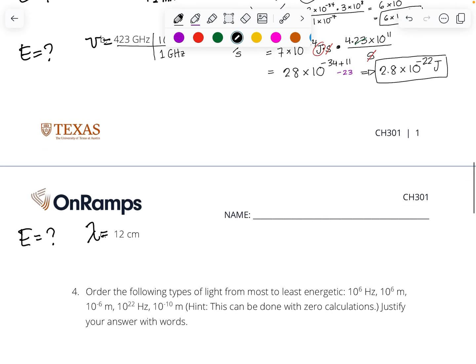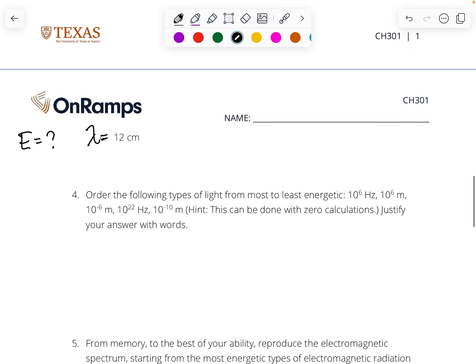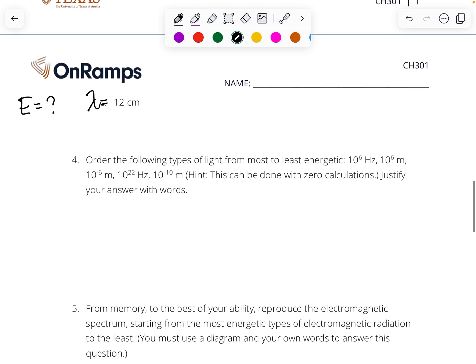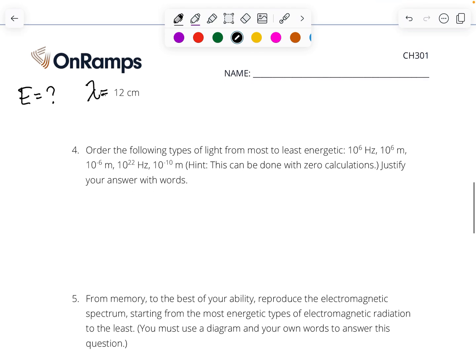The last one on this one, it's on the back of the page. We're back to wavelength, but we're not in meters, so we've got to convert those centimeters into meters. So let's do that first.